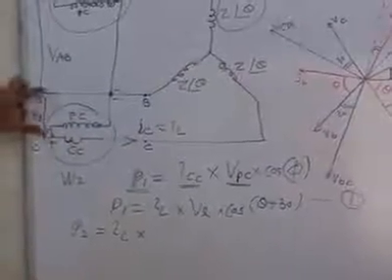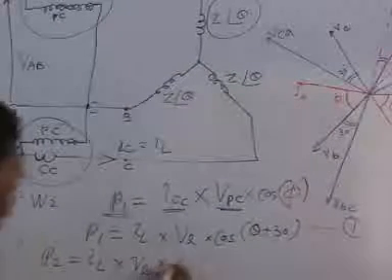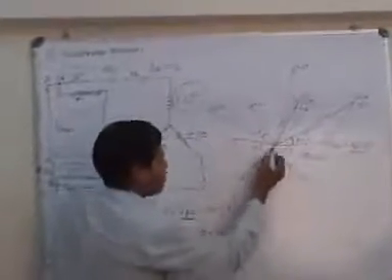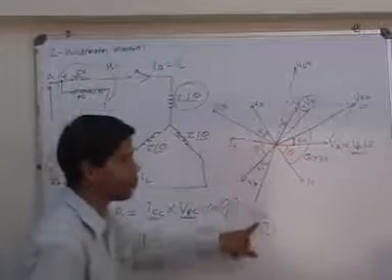So the P2 reading is IL into VL, the voltage also being the same magnitude, into the cos of the angle between VCB and IC. Remember, you see this angle BC is here. For VCB this is very important. VCB will be opposite to this VC.